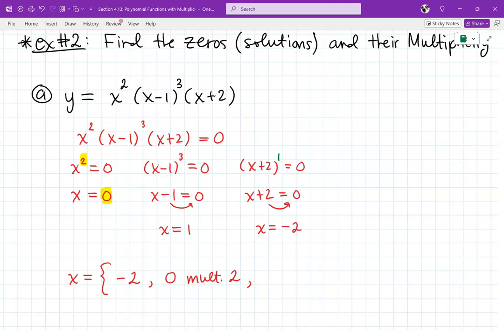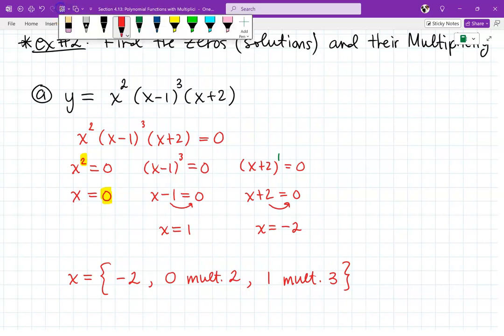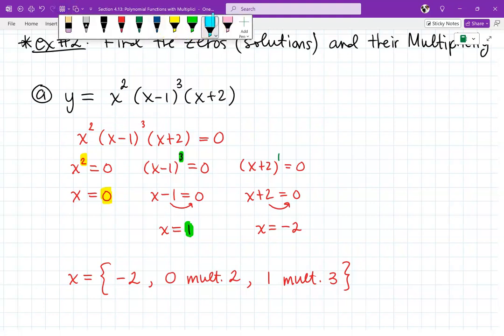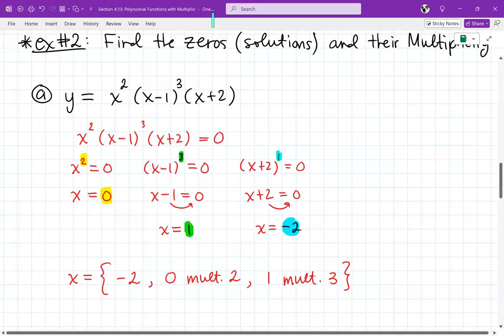And then 1, how many times did that one occur? 3 times. Multiplicity 3. And I'll highlight it for you just to have an easier time identifying it. Okay? And then the reason why -2 doesn't get mentioned is because it only occurs once. So I'm not trying to tell it's more than 1 time.